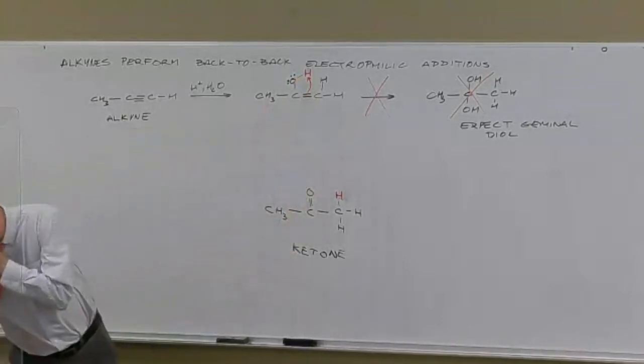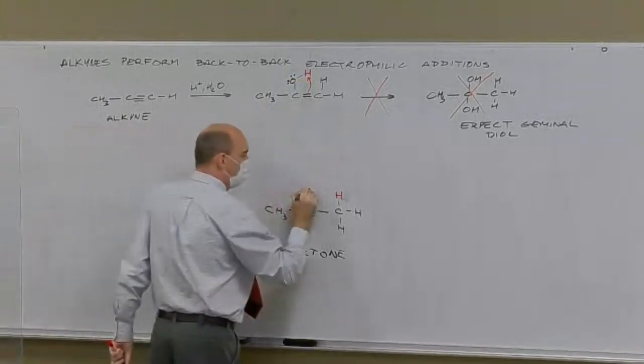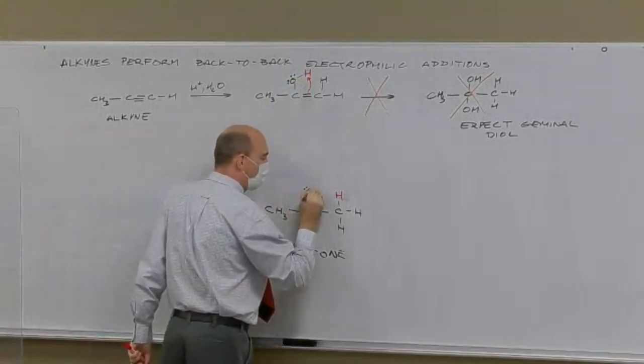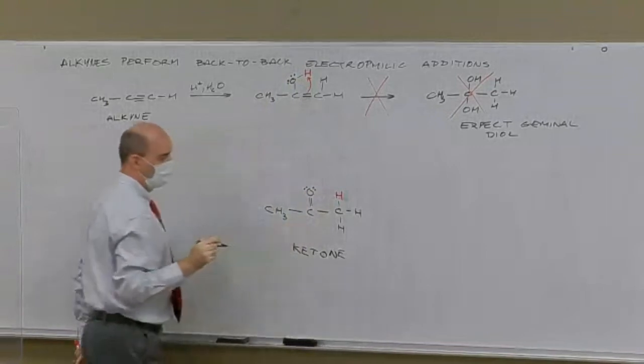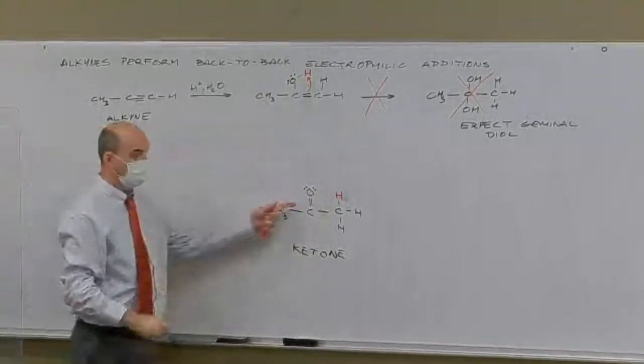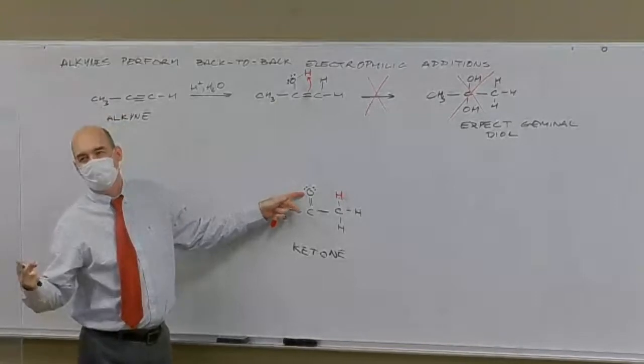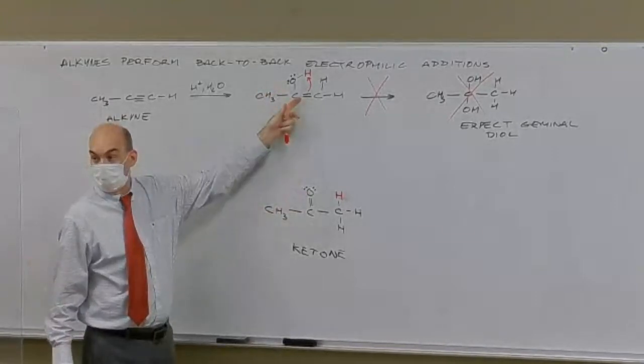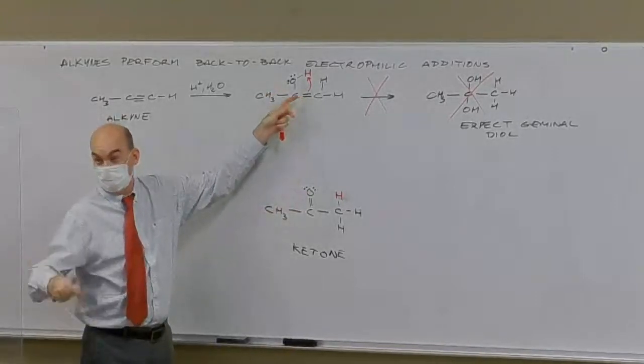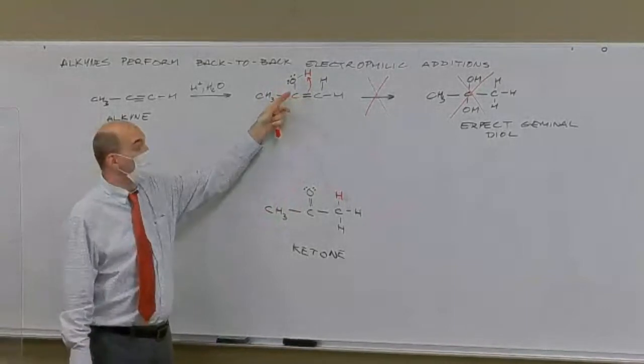But we do know that oxygens with 2 bonds also have 2 lone pairs of electrons. So there's a couple of ways we can do that. I can move the lone pair of electrons, force of habit, because that's what we're going to do in the future.